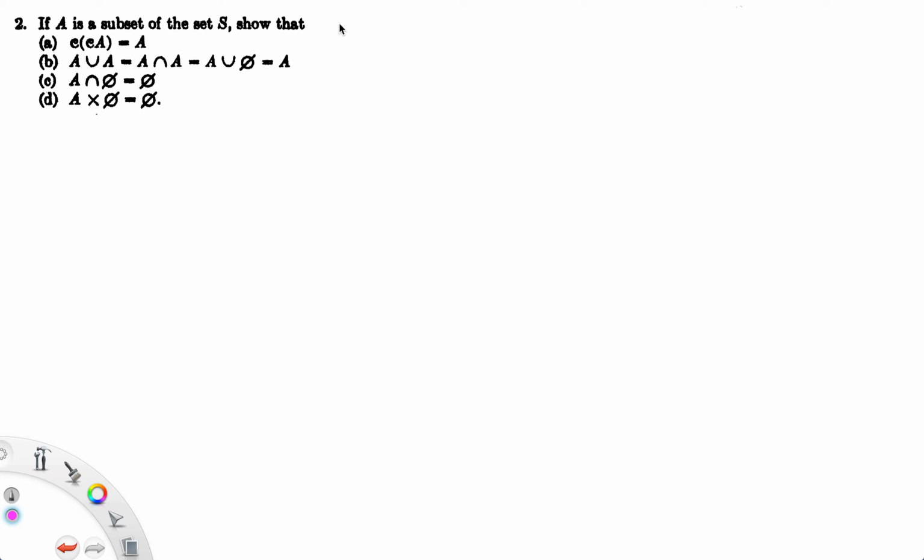Today we'll be solving problem 2a in Maxwell Rosenlicht's Intro to Analysis. Again, we're doing set equality here. Like before, there are two steps to showing set equality.